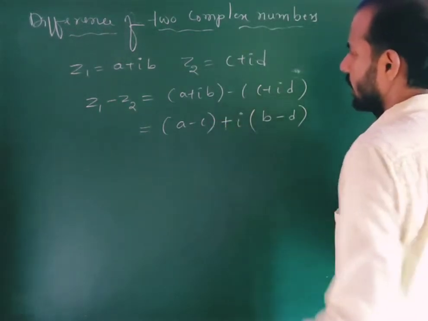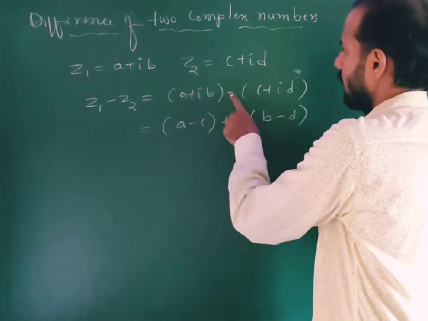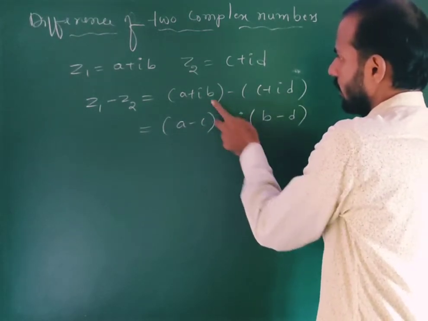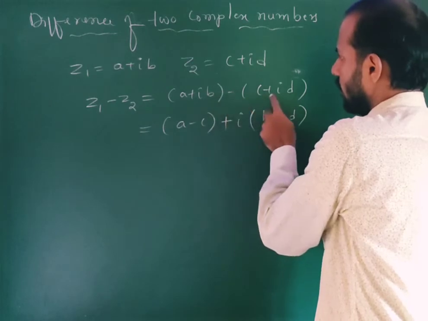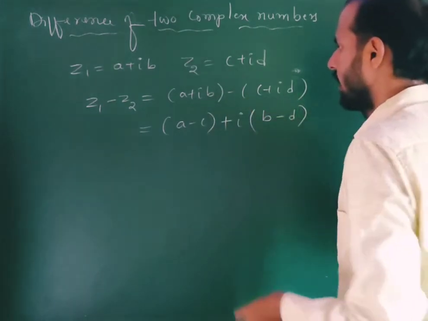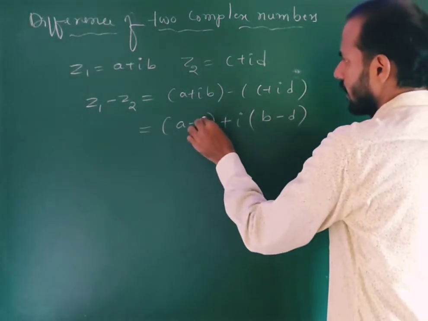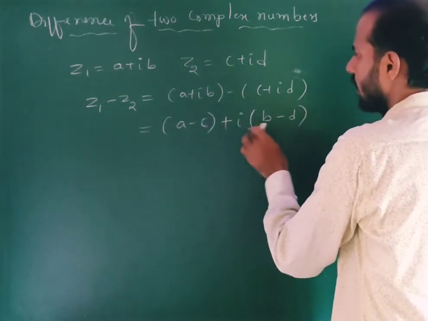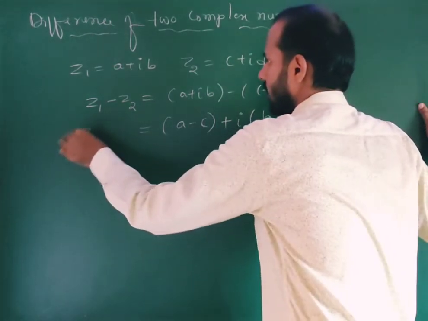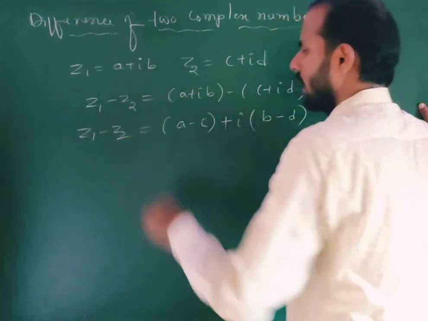It is plus, right? a minus c plus ib, plus i times minus d. i is common here, therefore inside, a minus c plus i(b minus d) is nothing but our z1 minus z2.